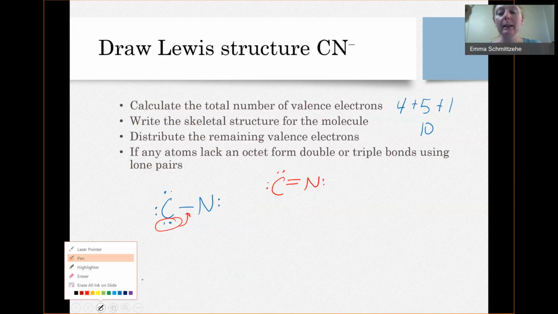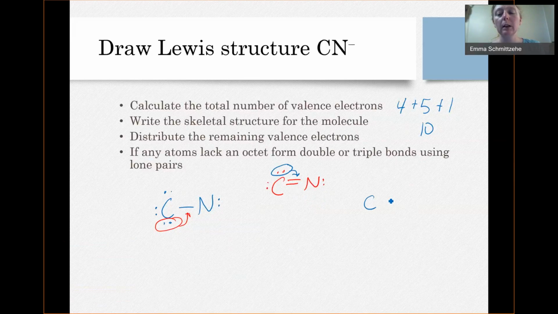And so I can take another pair from my carbon that has an octet and share it with nitrogen. If I do that, then I get a triple bond to nitrogen. I still have 1 lone pair on carbon, 1 lone pair on nitrogen, and so that structure has 10 electrons in it.